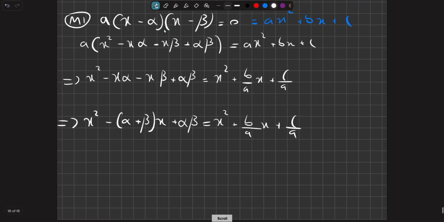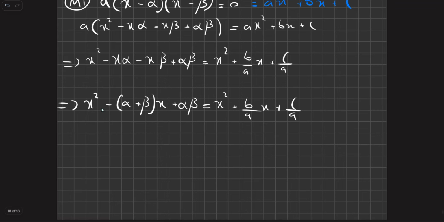Now, if you look closely, we can see that we've turned the left-hand side into the general form of a quadratic, and you can see how the coefficients match up with the roots. See how negative alpha plus beta matches up with b over a, and alpha times beta matches up with c over a.